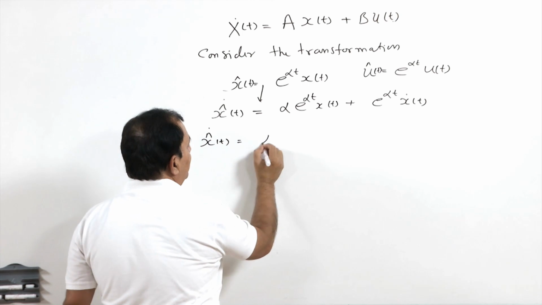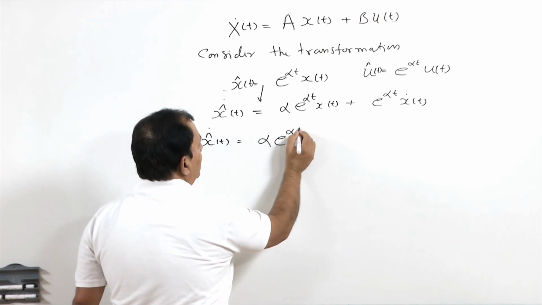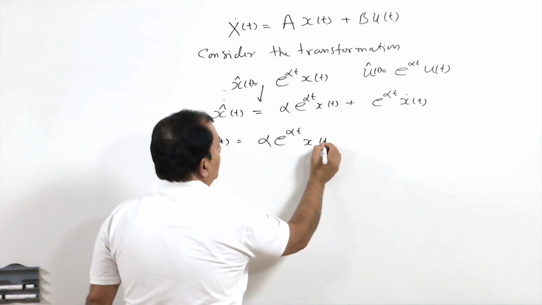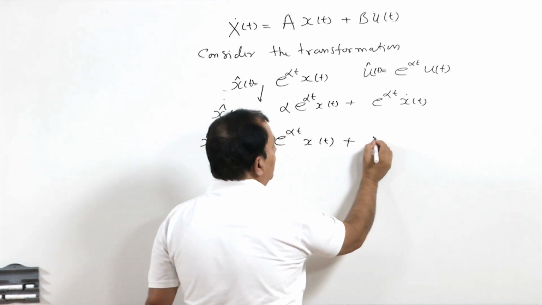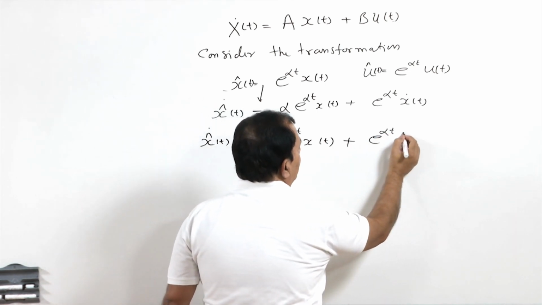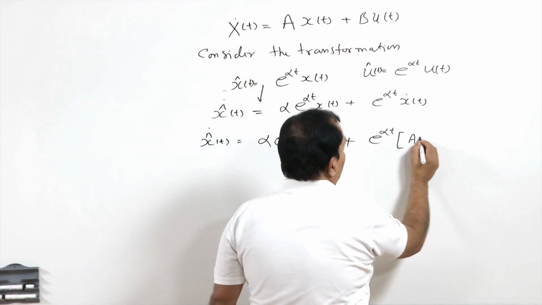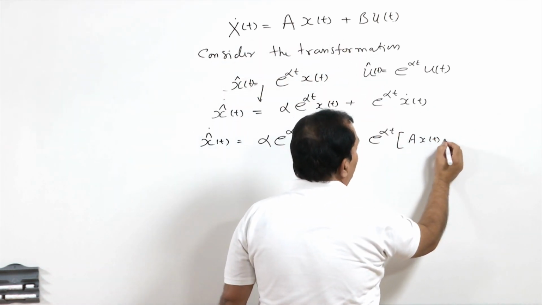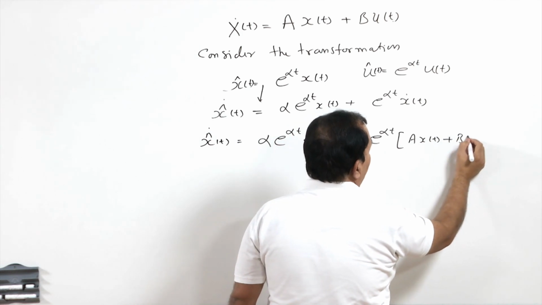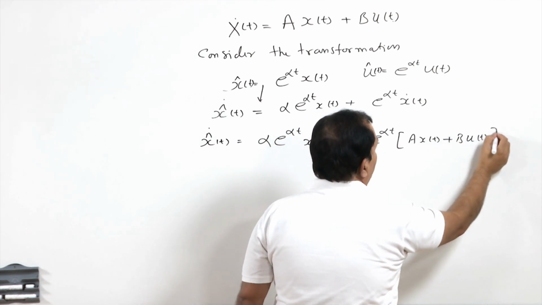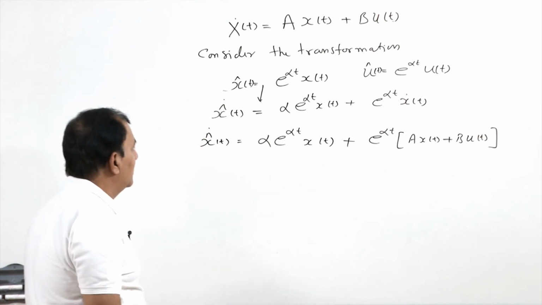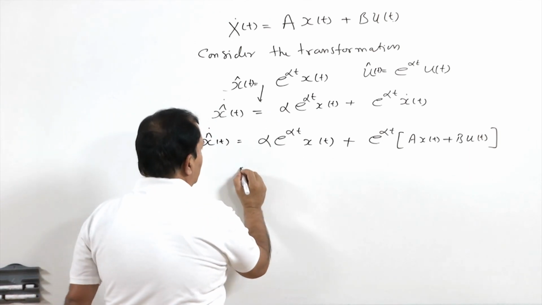I keep the first term the same, alpha e to the power alpha t x of t, and in place of x dot of t I write A x of t plus B u of t.